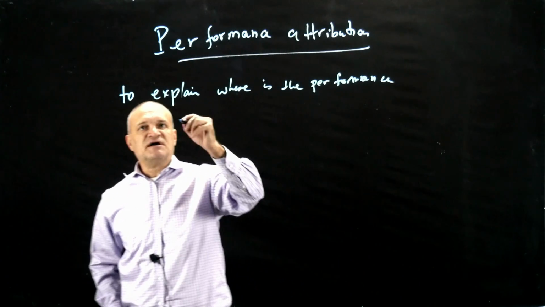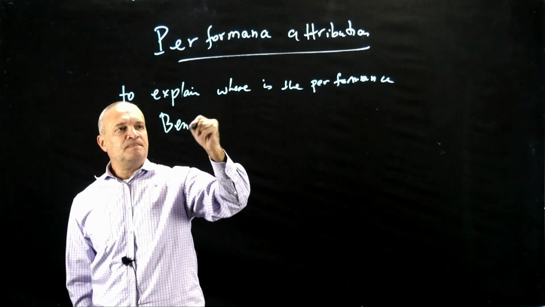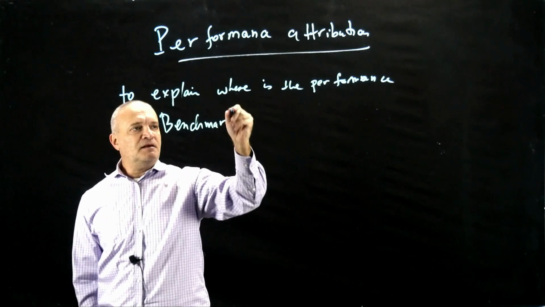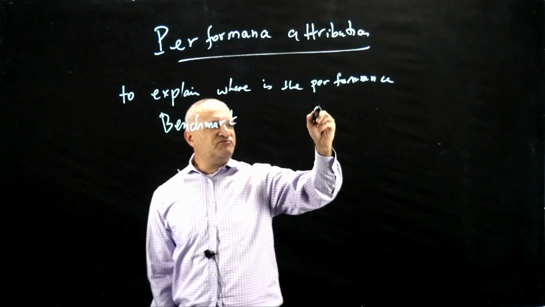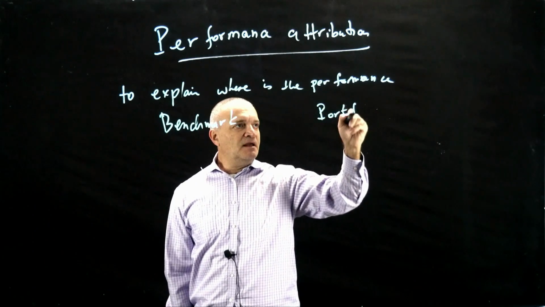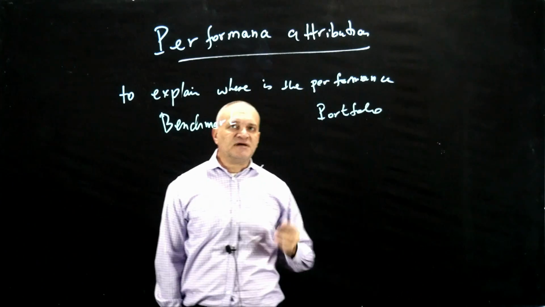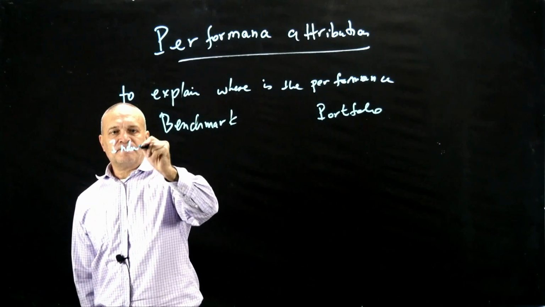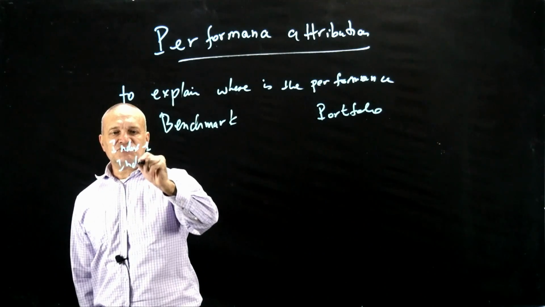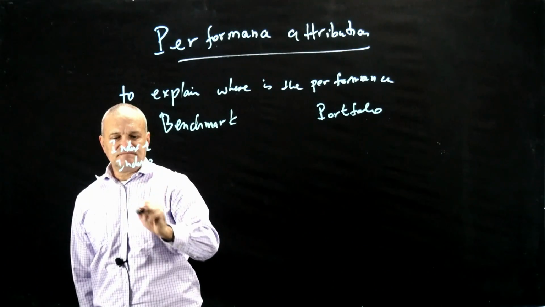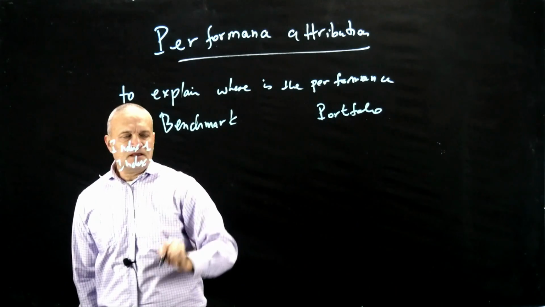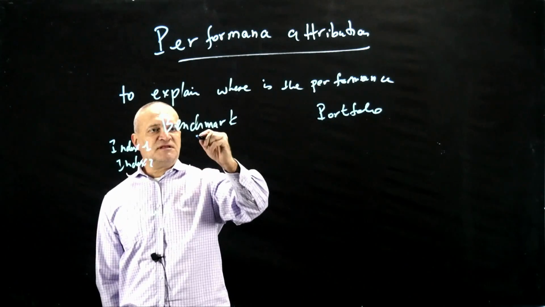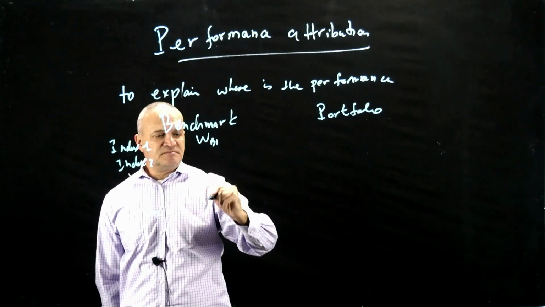First of all, we start from a benchmark, and we have our portfolio. Our starting point is basically some indices, and we discussed how to construct these indices in class. Each of these indices has a benchmark weight.